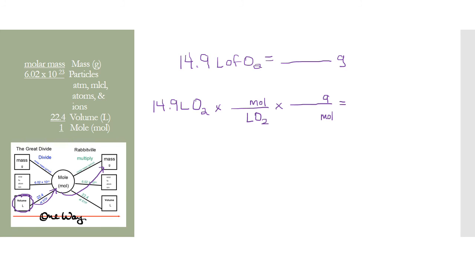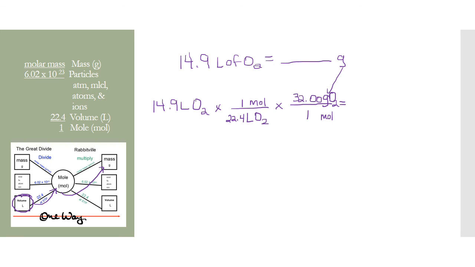And the unit I'm trying to go to should always end up right here in that spot. So I'm trying to get to mass. Since this was at STP, I can put 22.4 in front of liters. One goes in front of mole, one goes in front of mole, and I need to calculate the molar mass of 2 oxygen atoms, so that would be 32.00.